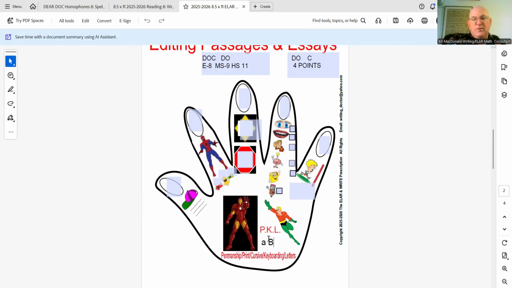So it's very important that your kids understand when they push the shift button, what's going to happen is that's going to change the size of the letter that they type, and it will also change the shape.